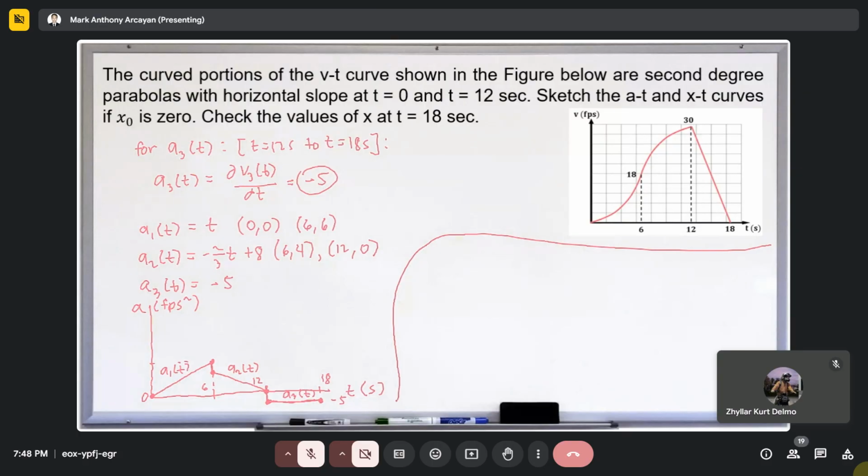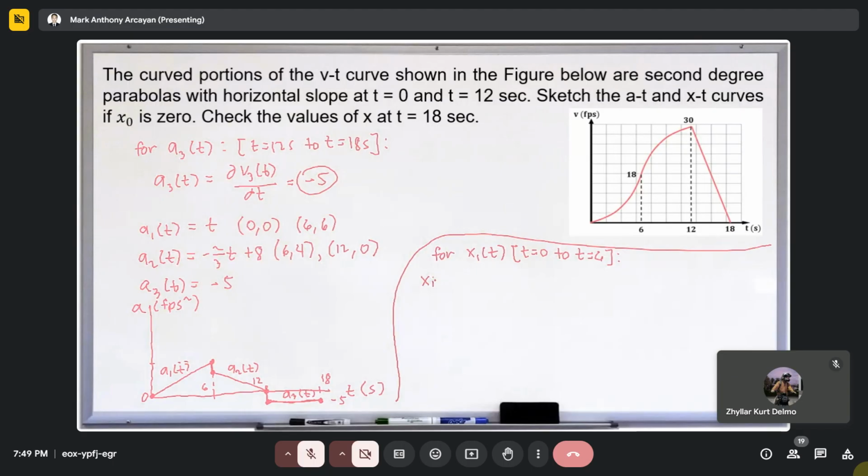Next, we will proceed to the x-t curve, the displacement versus time curve. And since we're given the velocity and we are going to find the displacement, we will perform integration. Let's start with x sub 1 of t on the time interval t is equal to 0 to t is equal to 6.